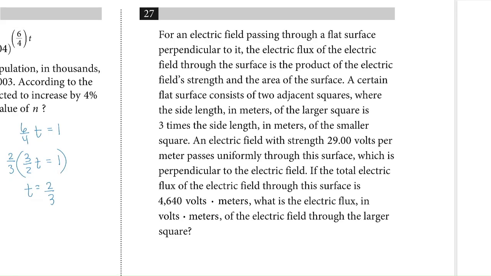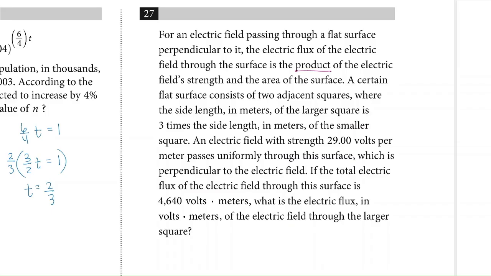This one is kind of long. For an electric field passing through a flat surface perpendicular to it, the electric flux of the electric field through the surface is the product of the electric field's strength and the area of the surface. A certain flat surface consists of two adjacent squares where the side length in meters of the larger square is 3 times the side length in meters of the smaller square.